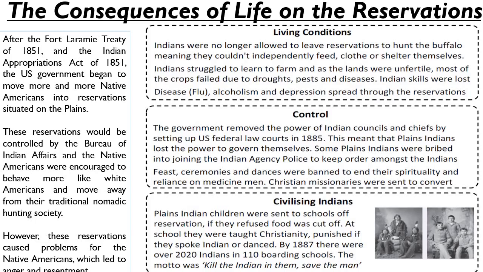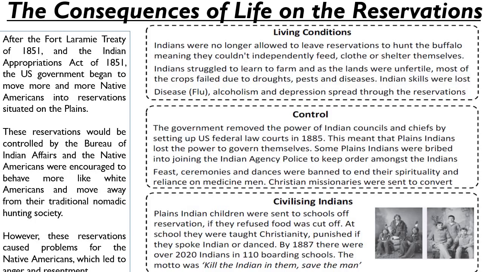The US government also, and this is later on, would take control of the reservations. They removed the power of Indian councils. They bribed Plains Indians to work on the Indian police to try to make the Indians police each other. Christian missionaries were sent in to try to convert Native Americans to Christianity. And some Plains Indians' children were even taken and sent off to schools off the reservation.